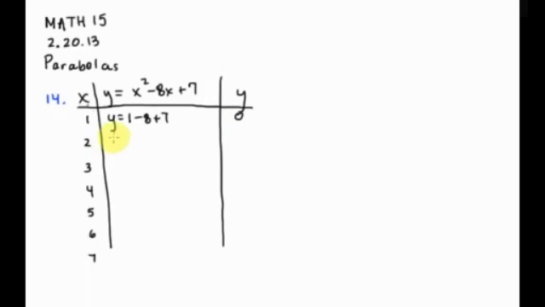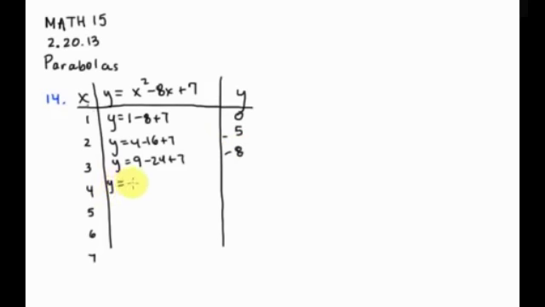I have done this table already, so I might save you the pain. Y equals 4 minus 16 plus 7 is 5. Y equals 9 minus 24 plus 7 is negative 8.